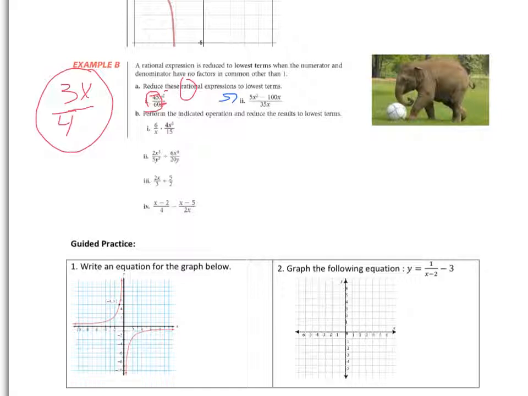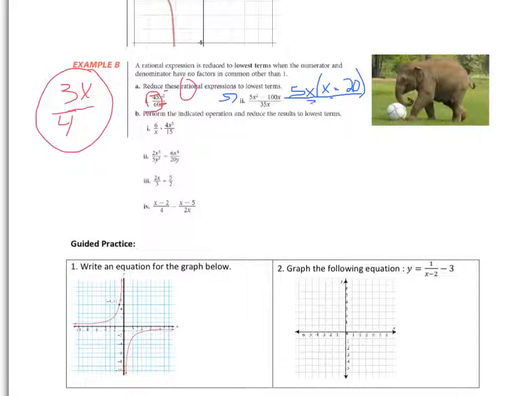So if you look at 5x squared and minus 100x, both of them can be divided by 5, and they both have an x. So we can take 5x out of the first, which means I just have x left. And I have minus, and 100 divided by 5 is 20. And I took the x out. So x minus 20 on top.